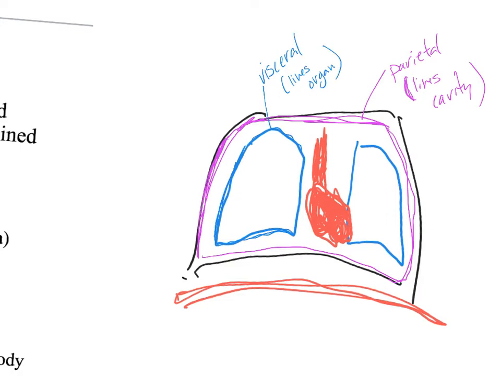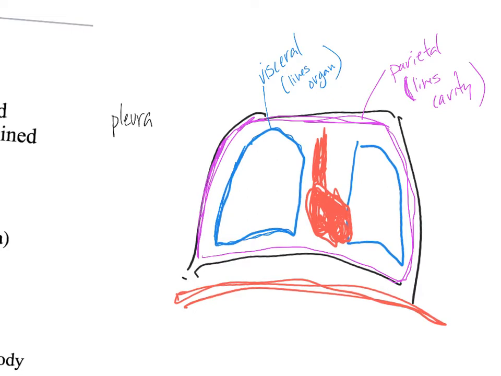Okay? So we're going to talk about visceral and parietal in the thoracic cavity, serous membranes, and then we have visceral and parietal in the abdominal pelvic cavity as well. The name of the membranes in the thoracic cavity are called pleura.